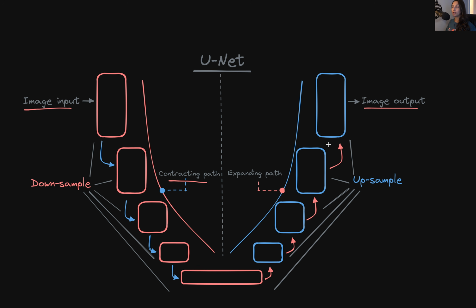So contrary to the first half of the network that is downsampling and referred to as the contracting path, the second half of the network is upsampling the data and is referred to as the expanding path. And when we combine the contracting path with the expanding path, we see that we get this depicted U shape, which is where the name UNet comes from.